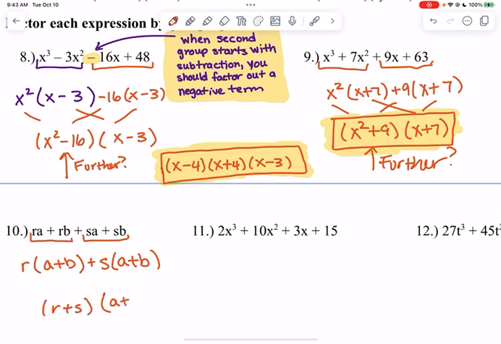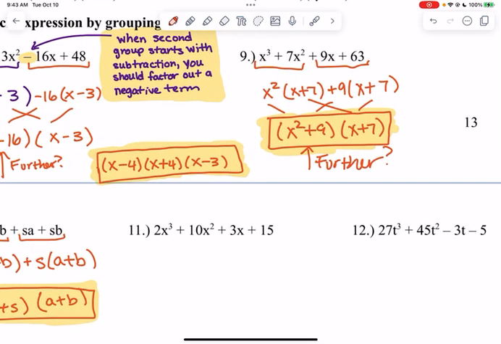Part that should be the same is your other set of parentheses. As long as nothing is squared, can't go any further. You only need to check when you have a quadratic or higher left. Linear expressions are fine.